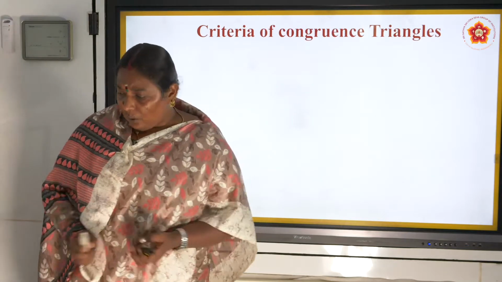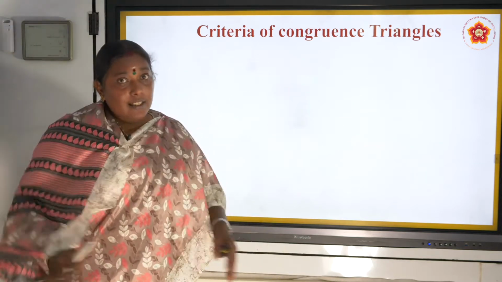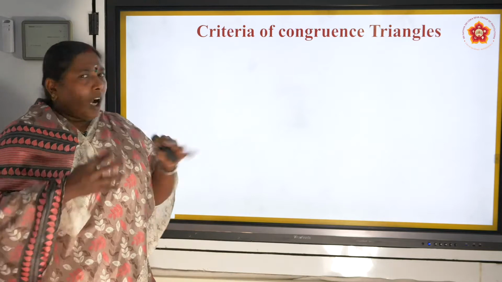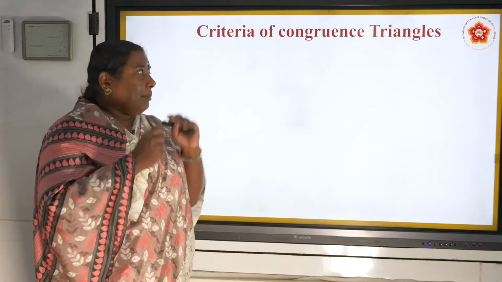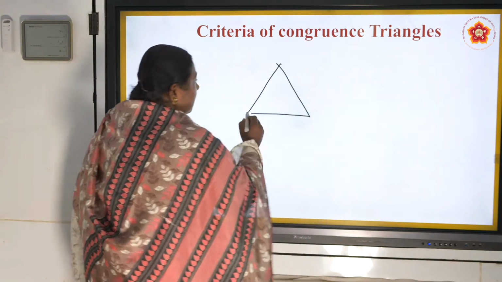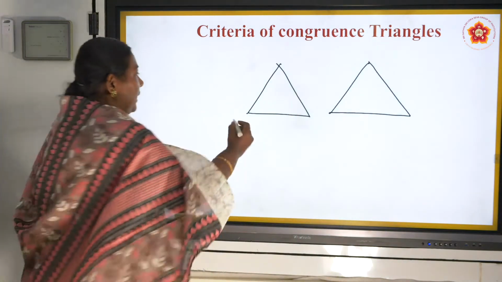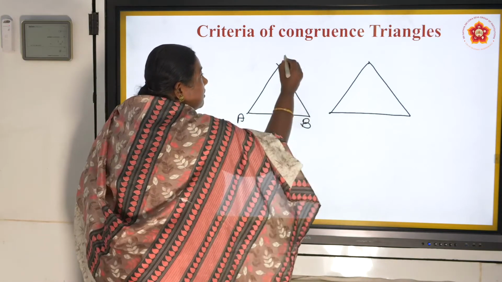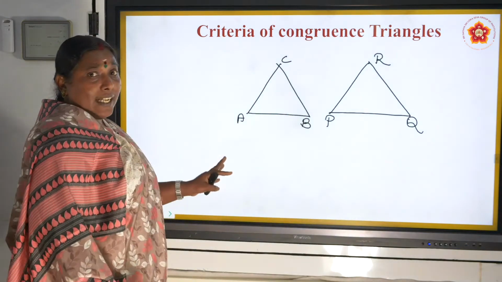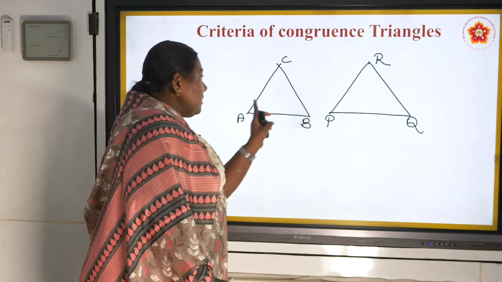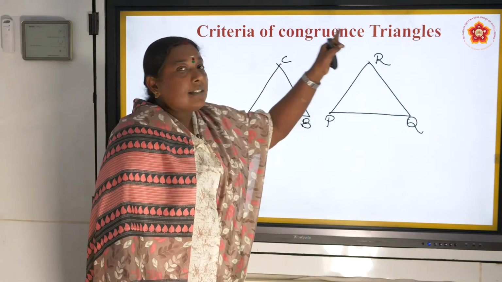Criteria of congruent triangles. Now, the biggest question is, you said that congruent means I am comparing all the sides and all the angles. Now, how to tell what is the relation between congruence and the congruent? If I am taking two triangles ABC and PQR, when can I tell both are congruent? If C is equal to R, A is equal to P and angle B is equal to angle Q, these are criteria of congruent triangles.